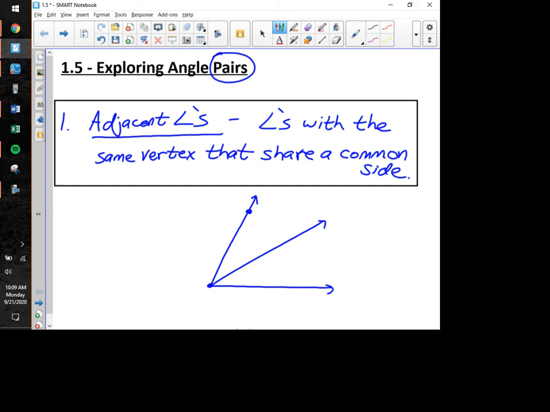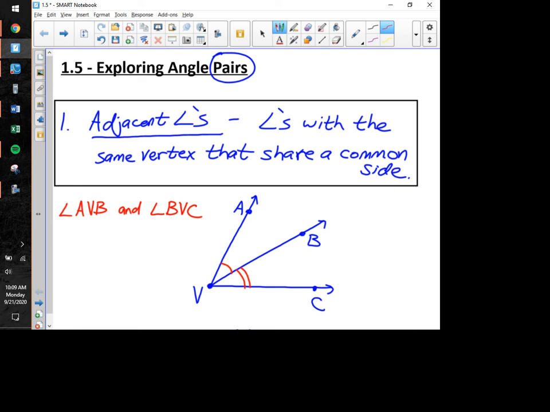And now, if I called this point A, and this point here B, and this point over here C, and how about we use a V for the common vertex of all of those angles, we could now say, everybody, that we've got a pair of adjacent angles by looking at angle AVB. That is this angle right here, everybody, and an angle right next to it that has the same vertex and shares a common side. Well, that would be this angle right here, which we will call angle BVC.